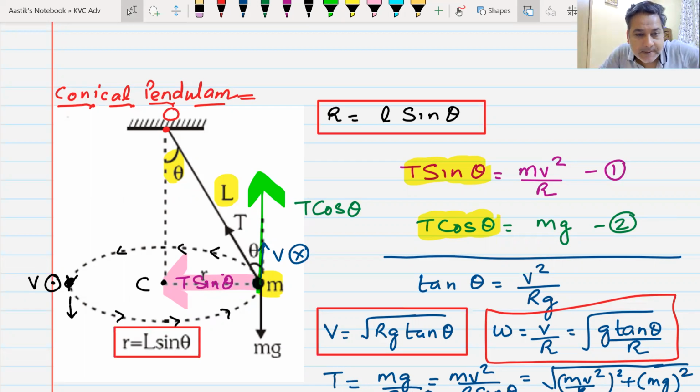Please note this down. This is again one of the questions that has come many times. So if you can solve it, it is good. If you can't, you just need to remember the result, because at the end of the day it's just a result; this is a standard question. So if you cannot solve it, just remember the result of what happens if something is rotating like this.